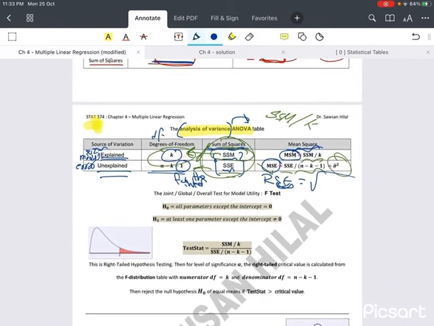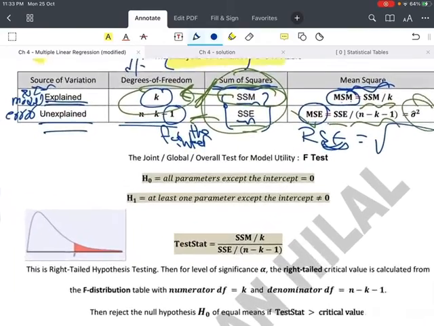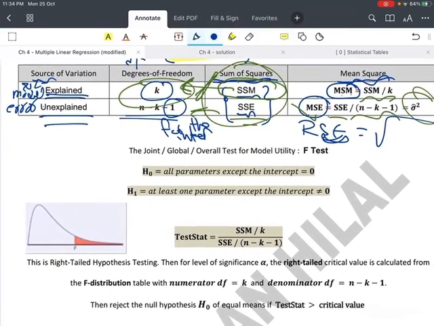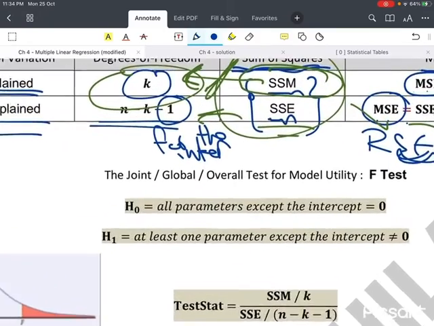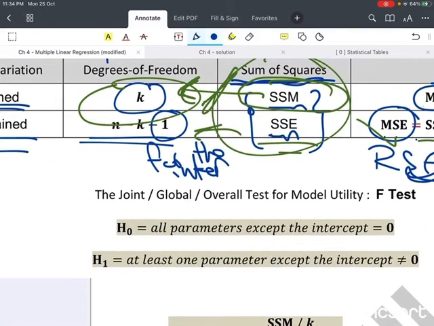Okay, we will go for the next: the joint, or global, or overall test for the model utility. We talked about it a little bit, but here we will take it in more detail. Why do we call it joint or global?